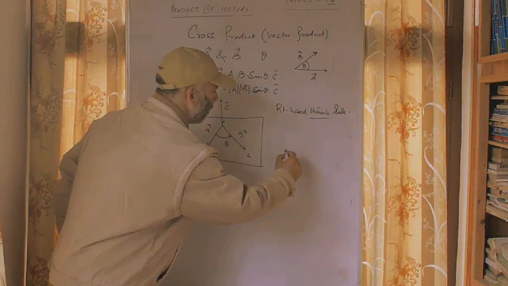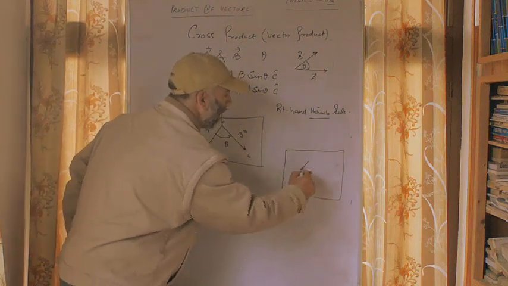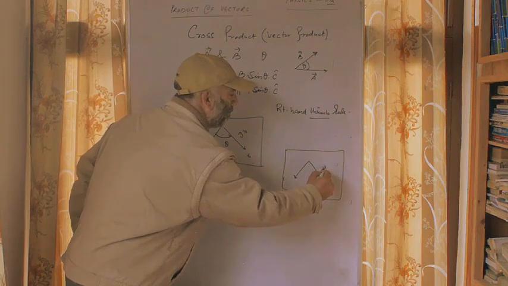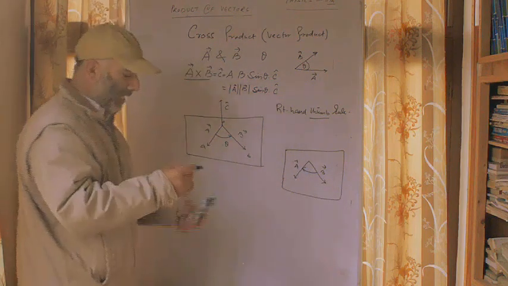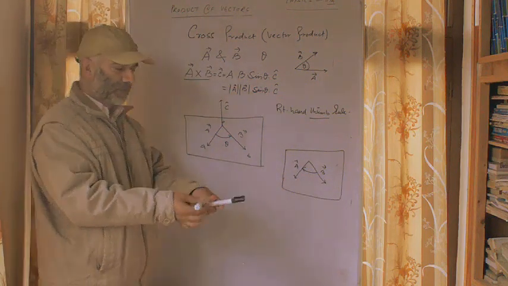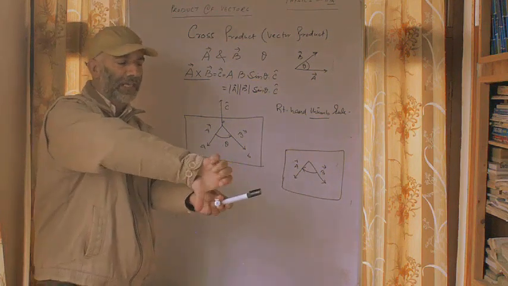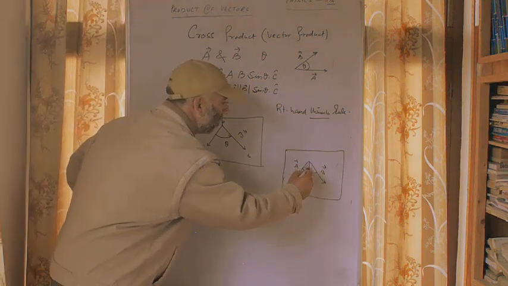Or if we are taking the two vectors in the same plane, but this time what we are doing, we are multiplying B with A. Like this. So here in this case, what will happen? If we are multiplying second vector with the first vector like this, so direction of resultant will be like this.